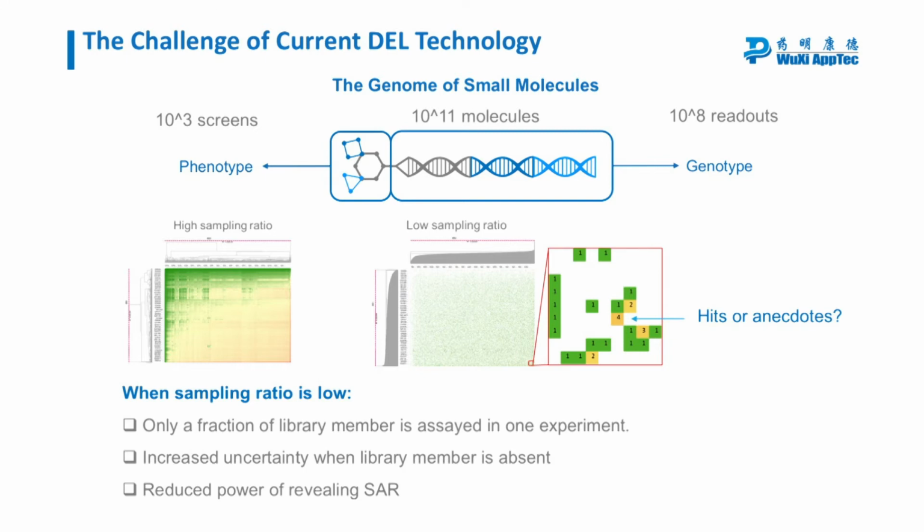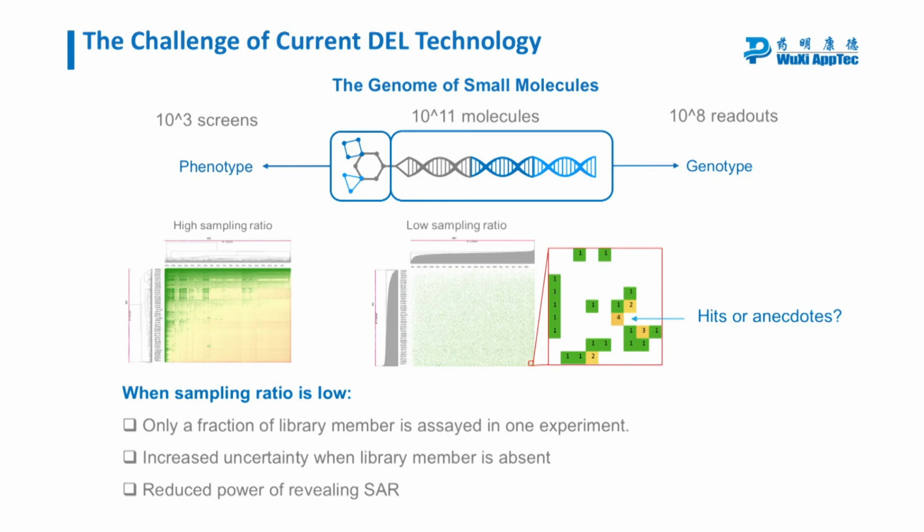if you look at your sample at a very, very high sampling ratio, you can get a very faithful readout of almost every single compound. But if your sequencing depth is limited, this is what you get, a very, very sparse look at your data. Now if you look into every single compound, you will notice 90% of the compounds will receive a result of 0, and most of the compounds that have a number will be one copy.